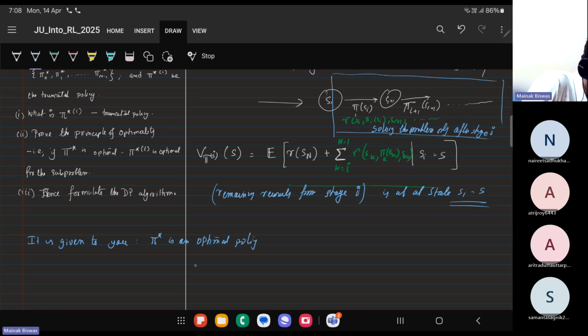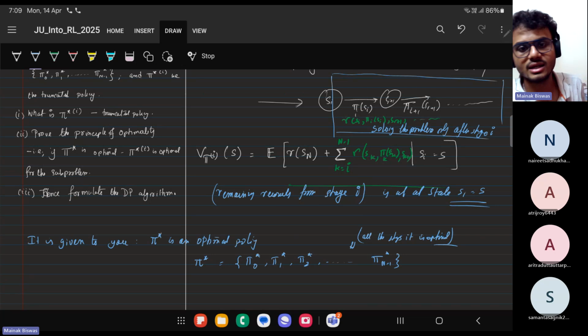So tell me, what will pi star look like? It will be like pi 0 star, pi 1 star, pi 2 star, and so on. At every step, it must be optimal.